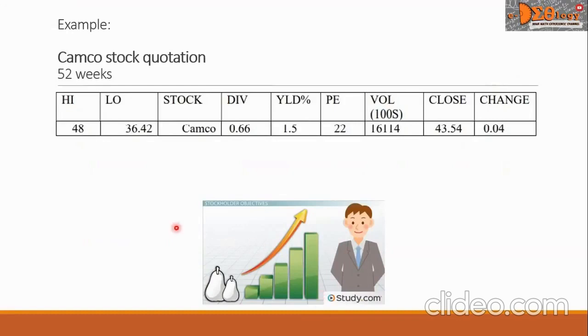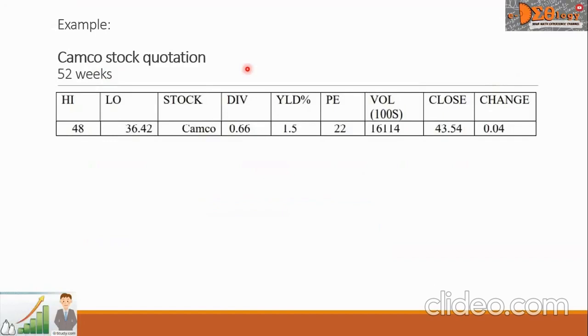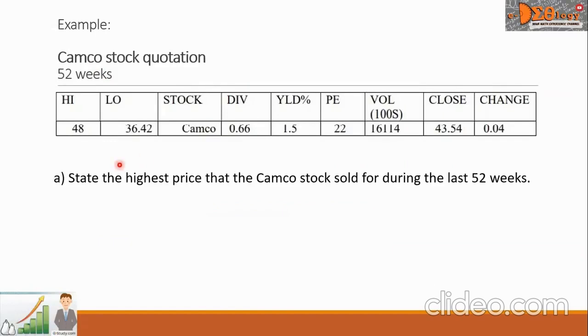Now, let us see another example with regard to Camco stock quotation. Let us answer some questions. Letter A. State the highest price that the Camco stock sold for during the last 52 weeks.